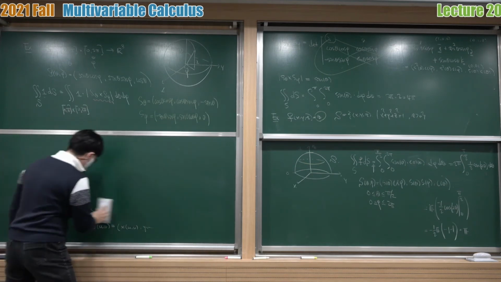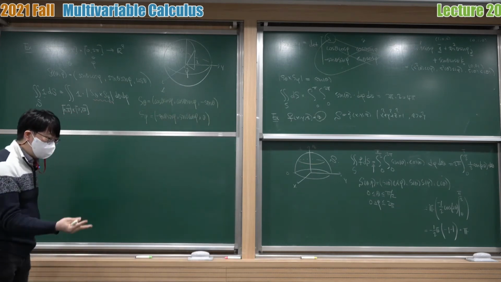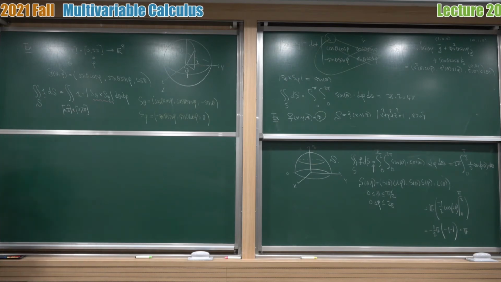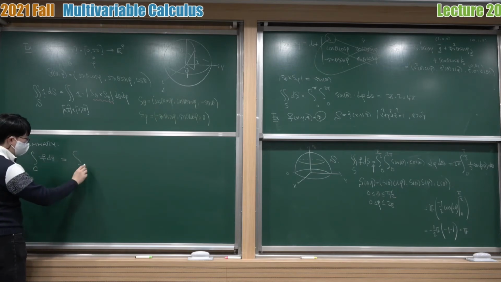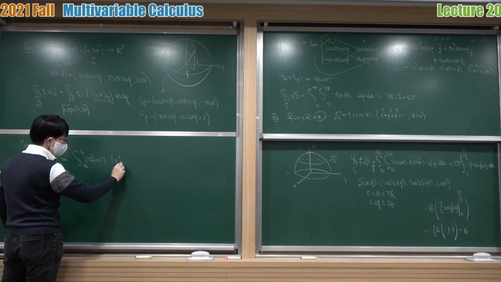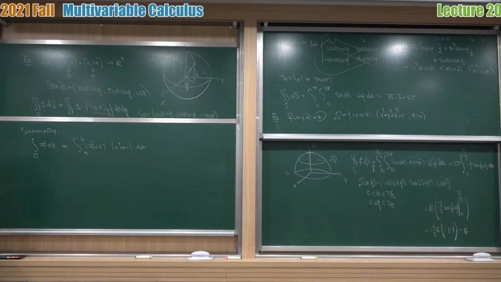Okay, let's summarize again, because these are the two most important parts of the integration part of multivariable calculus. The summary is that if you integrate over a curve, you can get that from a simple single-variable integral.